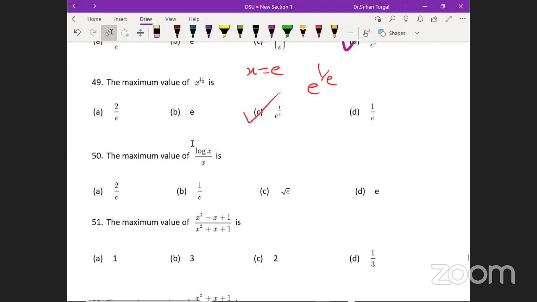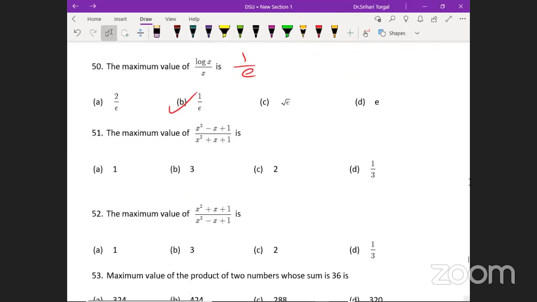Option C is the right answer. What about here? 1 by e. What about here in 51? Concentrate here. I'll show you one more similar kind of value. Wait.